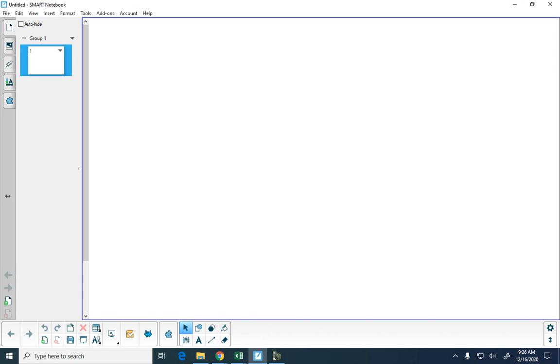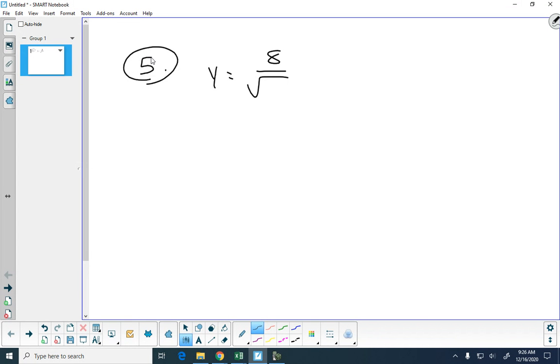If we take a look at the review sheet, problem number 5, we have y is equal to 8 over the square root of 6x, and we want to calculate the derivative.